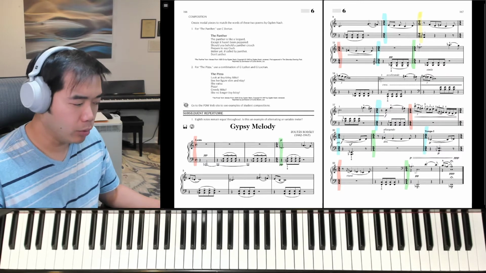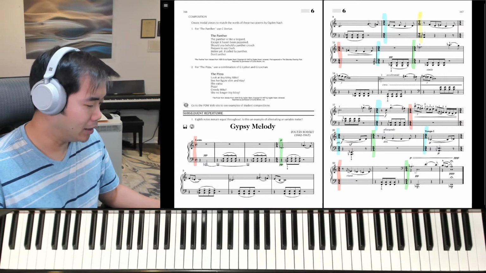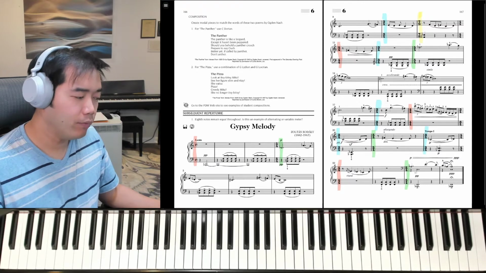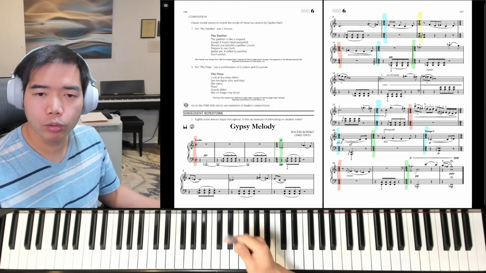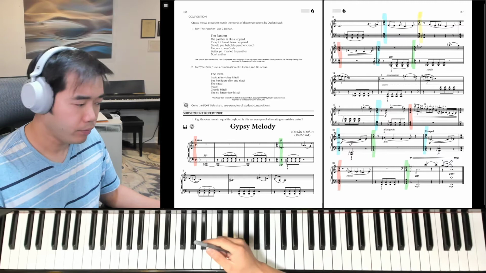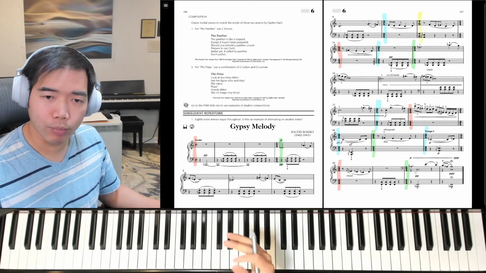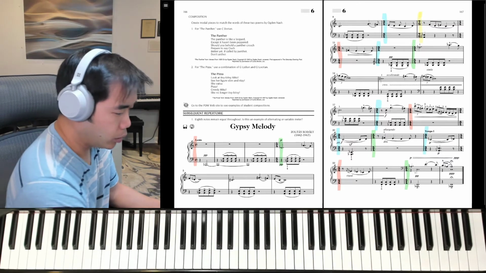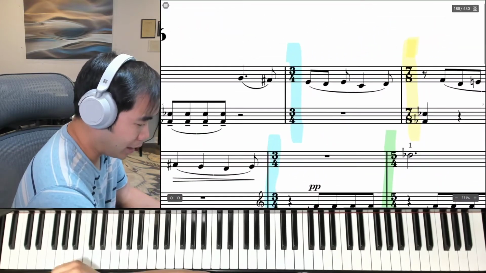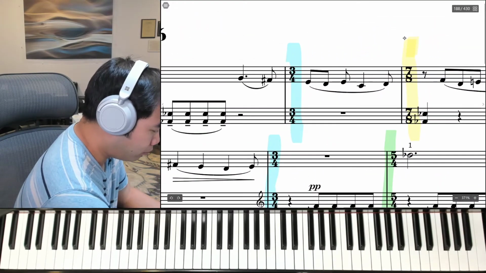In 3/4 time, 1 and 2 and 3 and, because we're going to subdivide this into eighth notes. In 7/8 time, we actually count 1, 2, 3, 4, 5, 6, 7, where each of those numbers represents an eighth note. Okay, so the eighth note is still going to equal the eighth note when you get to the 7/8 bar.